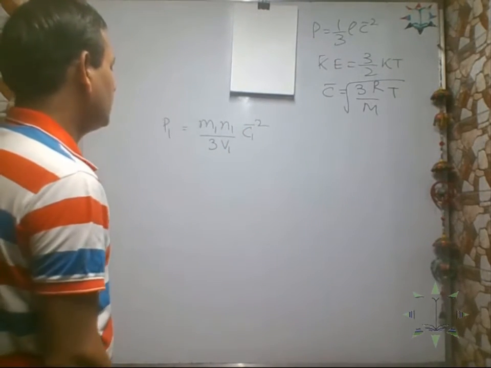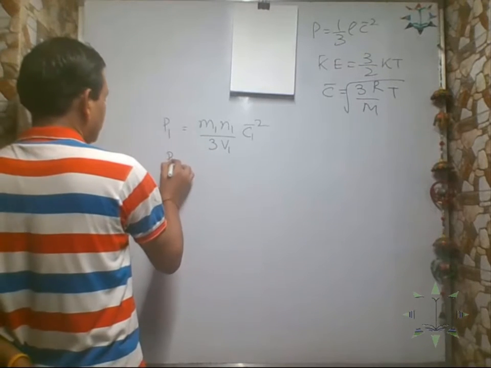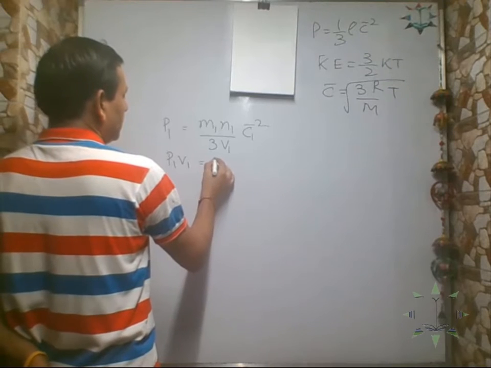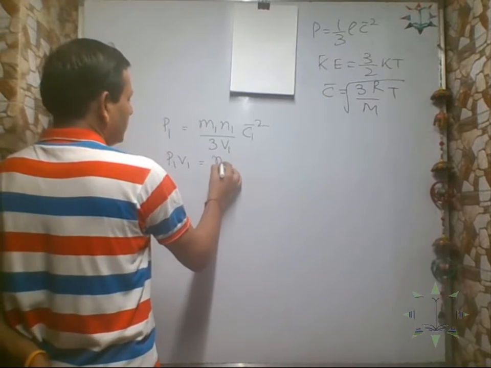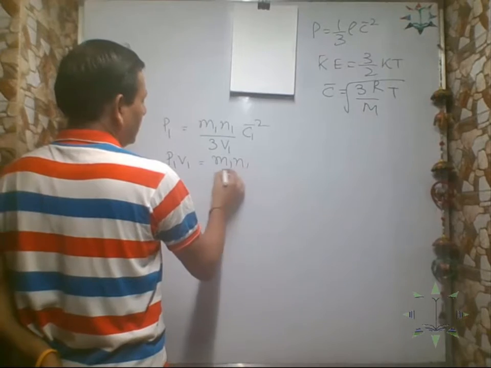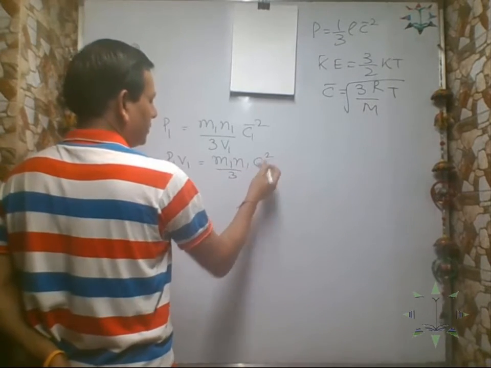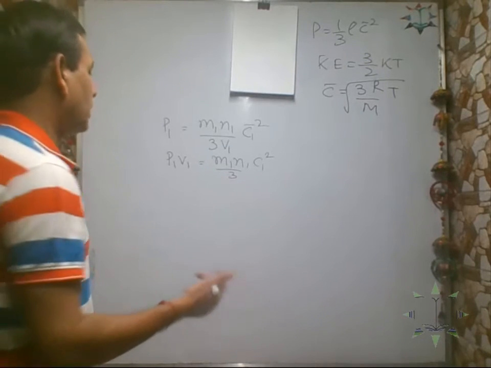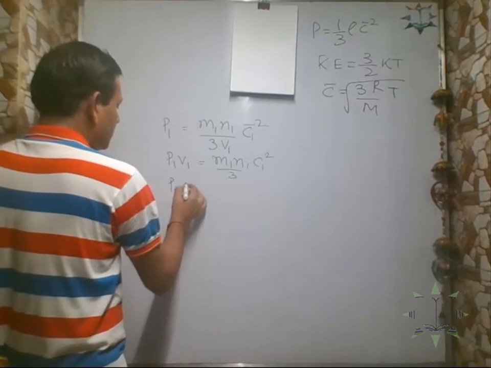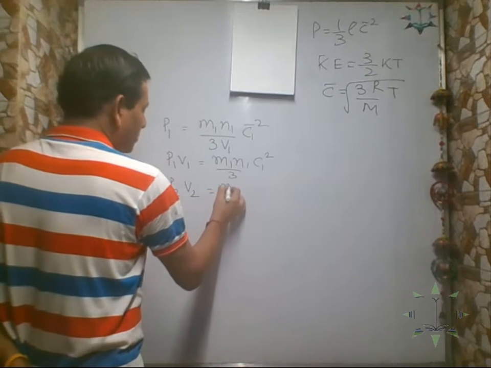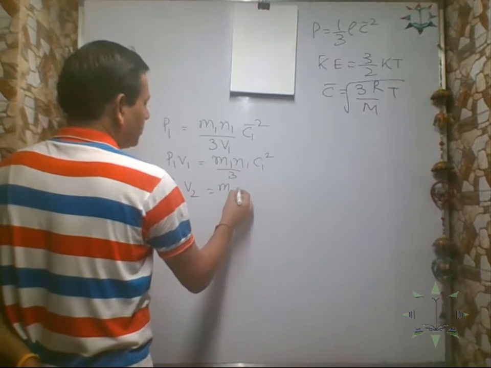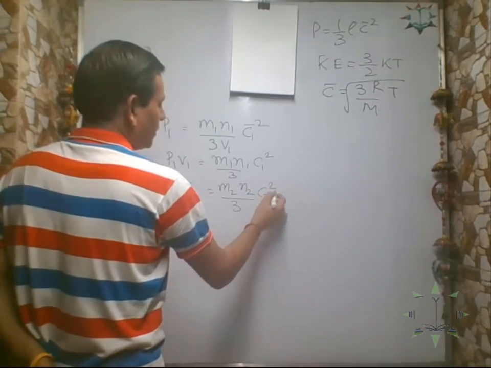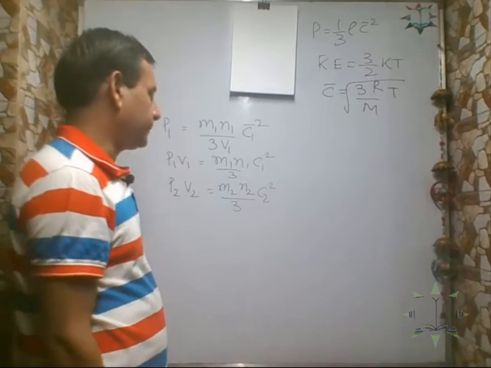So P1 V1 equals m1 n1 by 3 C1 bar square. Let us consider another gas whose pressure is P2, volume is V2, mass of each molecule is m2, number of molecules is n2, so P2 V2 equals m2 n2 by 3 into C2 bar square. The velocity is different.